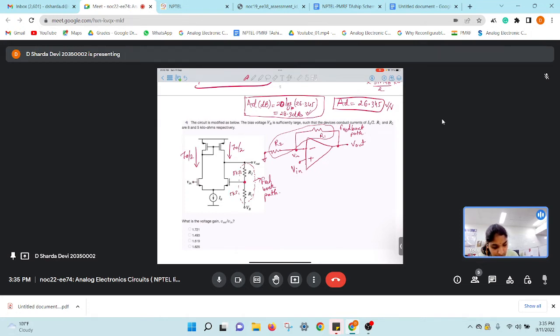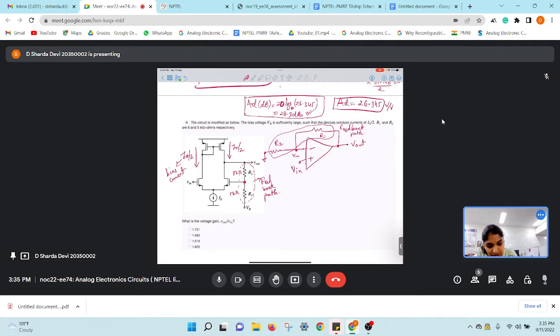What type of current is this I0 by 2 current? Is it AC current, DC current, bias current? Yes, this is DC bias current. That is very important to keep in mind.